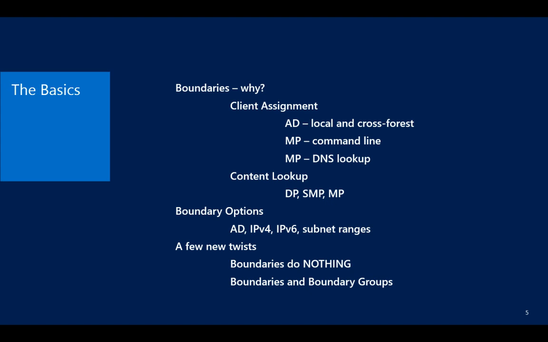Sometimes subnets don't make sense because maybe you have machines that should be managed by one hierarchy on the same subnet as machines that should be managed by another hierarchy. A classic example of that is servers versus workstations. If you have a separate hierarchy for servers, separate hierarchy for workstations, and they are blended on the same subnet, then ranges help you address that because you can actually specify what subnets go where.